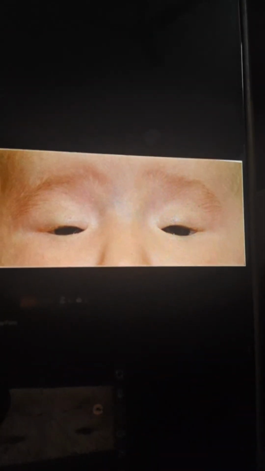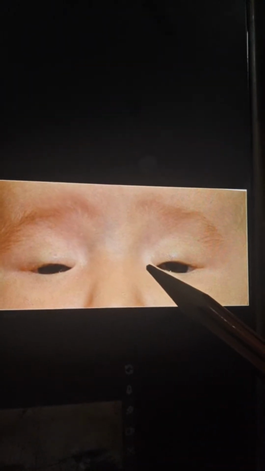So do you have a decreased palpebral fissure height and decreased width? Now, the next finding I'm going to show you: the moment you appreciate it, give me a thumbs up so that I can teach you the next finding.